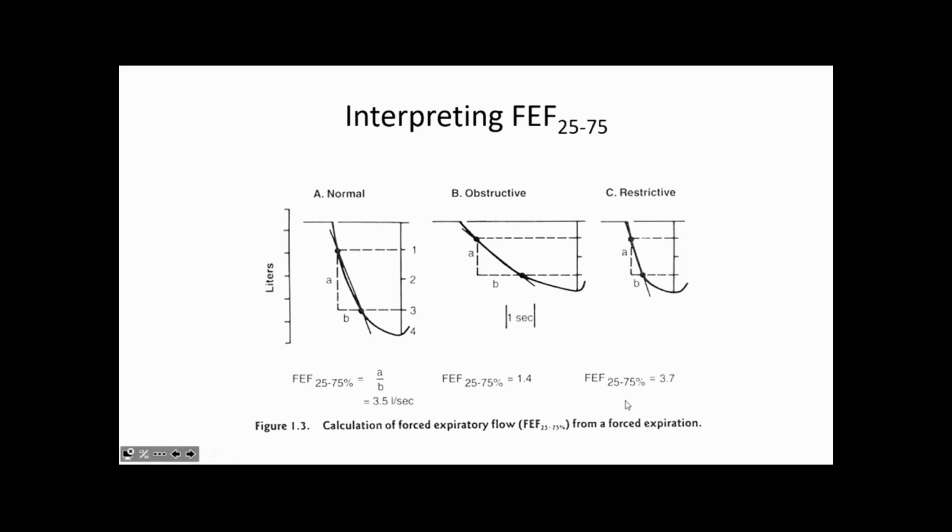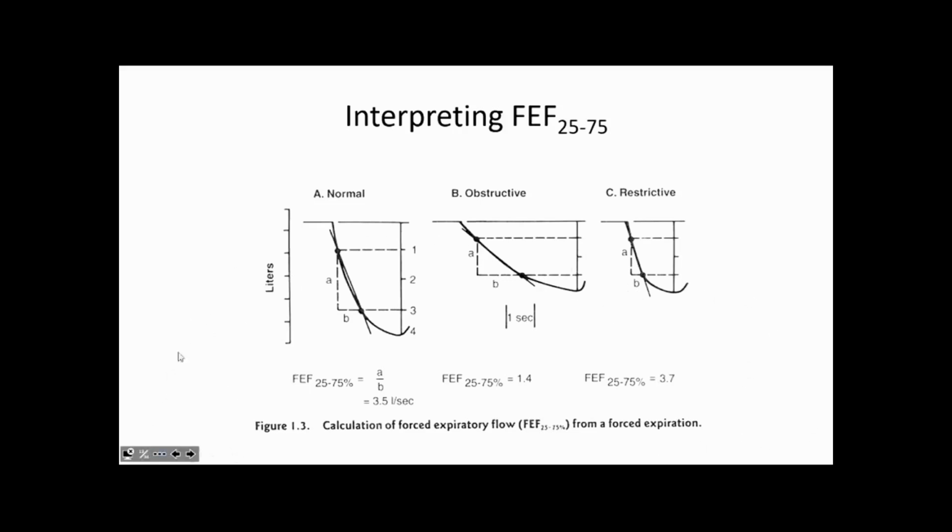That is, their expired air will come out more slowly over the middle half of their forced vital capacity maneuver. But if they have restrictive disease, it'll come out at about the same rate as normal people, or perhaps just a little bit faster.